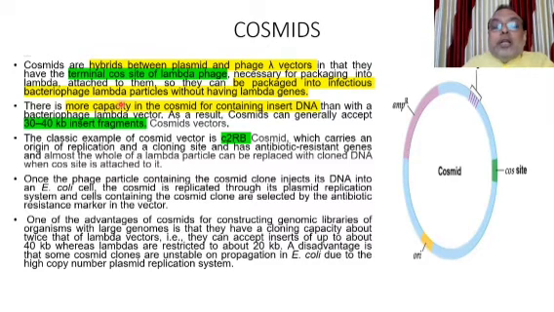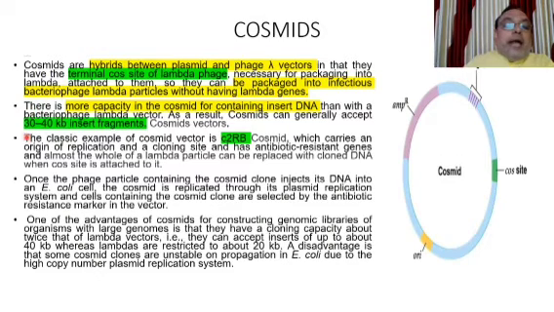So these plasmids act as if they were the genomic constituent of lambda, because they get packaged into the lambda, and lambda becomes infectious, infects another host and injects these cosmids into those hosts. So we can have multiple copies of the stretch of DNA which had been integrated into this cosmid.